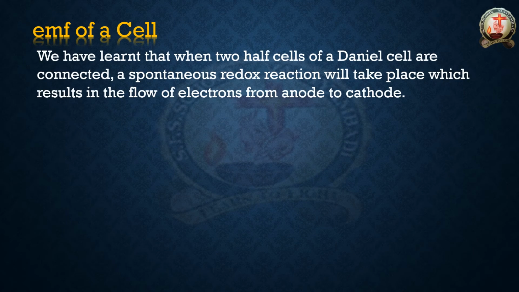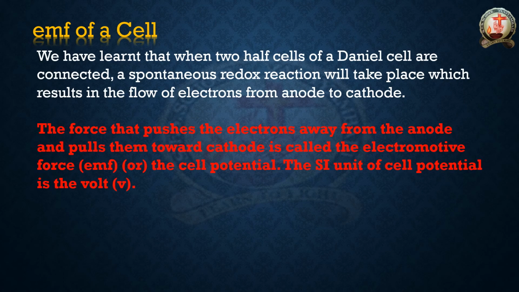So what is the EMF of the cell? The force that pushes the electrons away from the anode and pulls them to the cathode is called the electromotive force or the cell potential. When the anode is oxidized, electrons are liberated from the anode, and that has a potential. While the electrons flow from the anode to the cathode, that also has some potential.